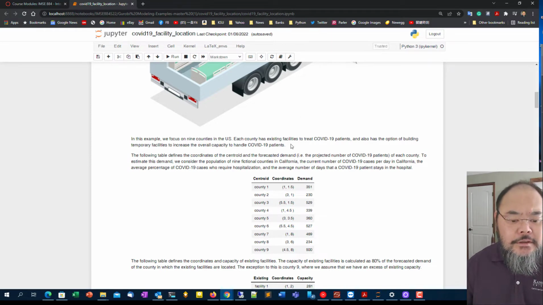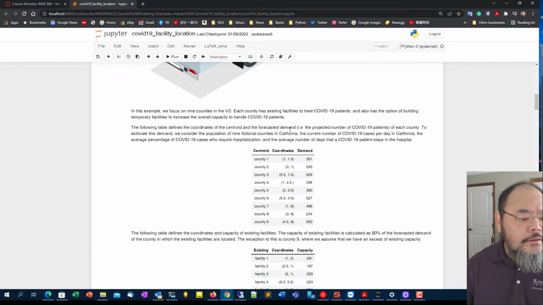And here is the data given to you. For each one of the 9 counties, here are their coordinates on the map, and then their demand, based on the percentage of COVID cases that require hospitalization.